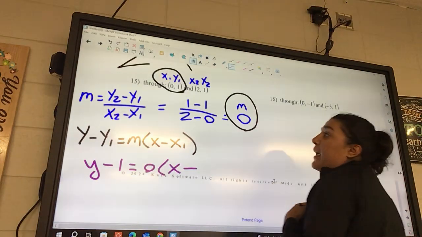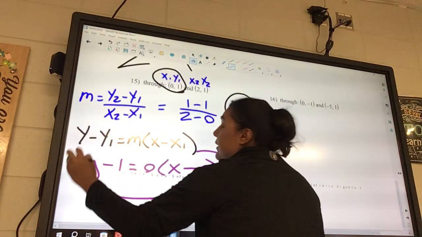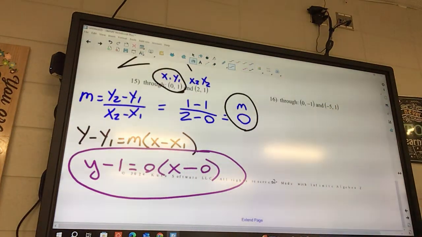X minus my x1, 0, is also 0. Okay, and so this is our actual answer. That's what we were trying to get to, but we couldn't do that from the get-go because we didn't have a slope. On this one there's a lot of extra writing because I wrote all the formulas and everything, but normally they won't be that long.